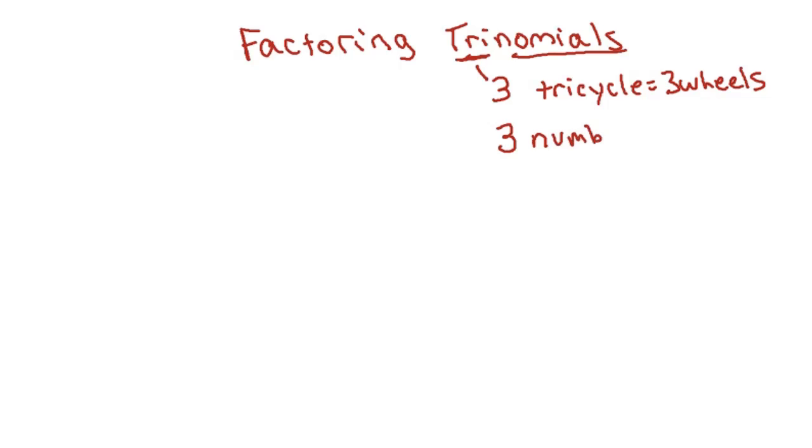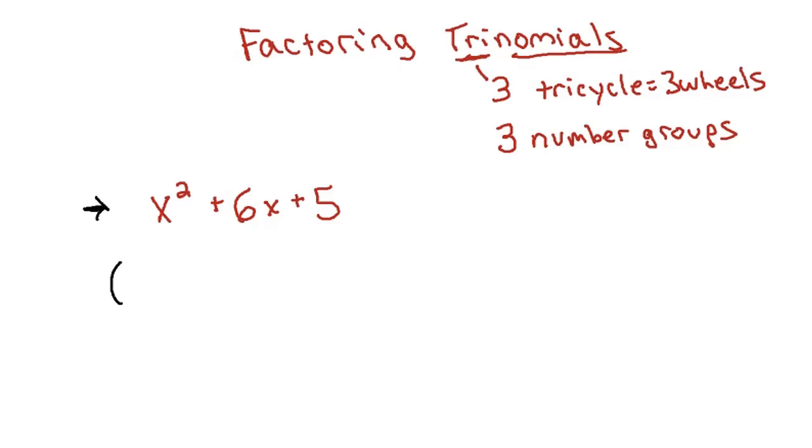So 3 number groups. Now here's a good example, x squared plus 6x plus 5. So we're going to factor this out into 2 sets of parentheses.